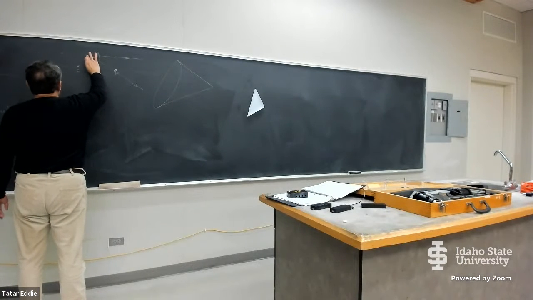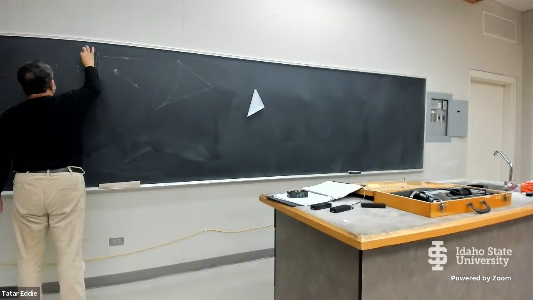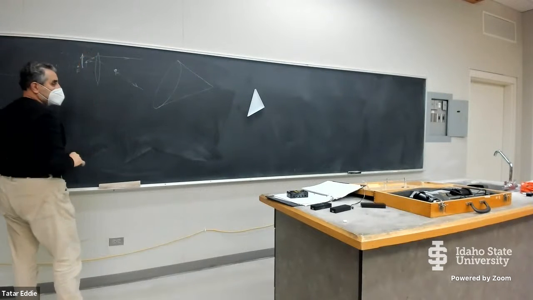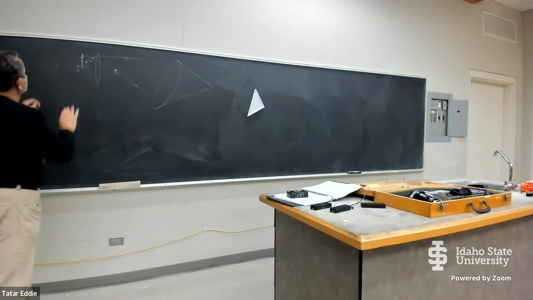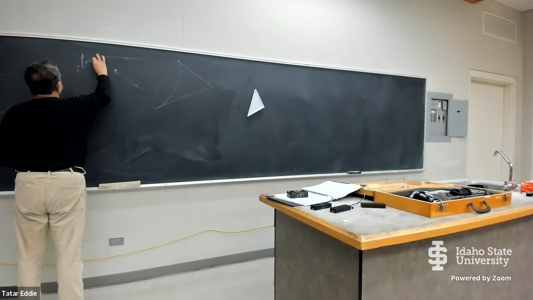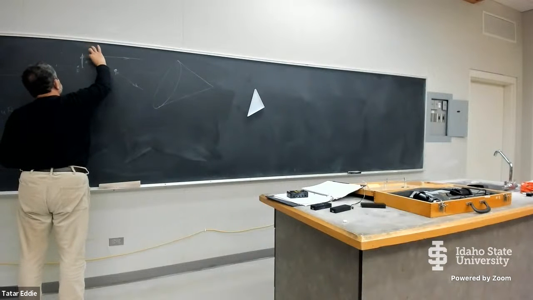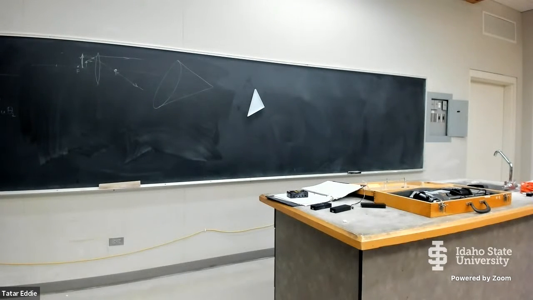And therefore, the image is going to be formed, let me make it more visible, here. The light rays are not very straight, but on paper, you can do a better job.